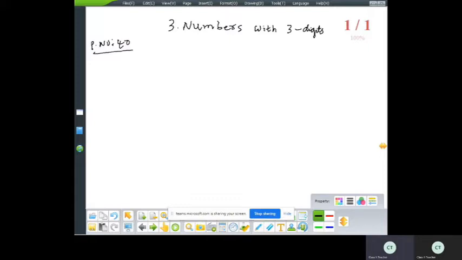Okay, students. Lesson number 3, numbers with three digits. Page number 40, question number 6. Write the number in the short form.